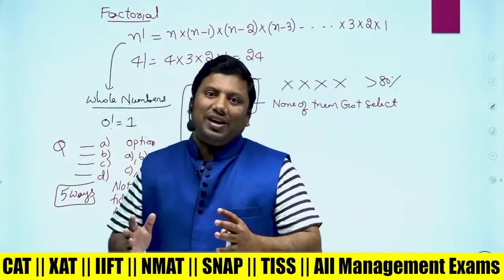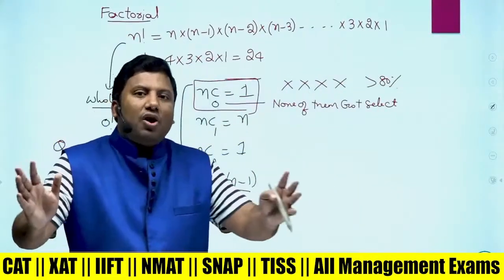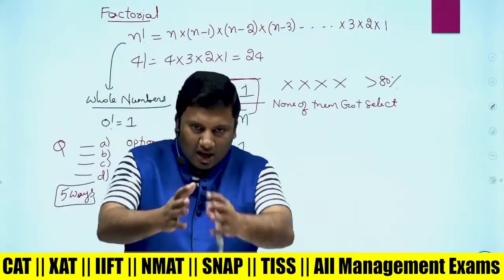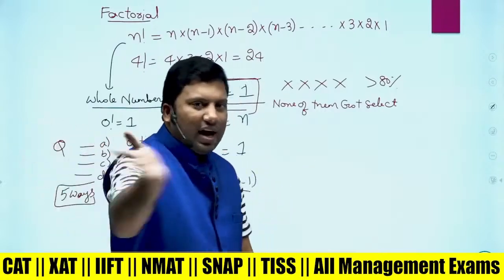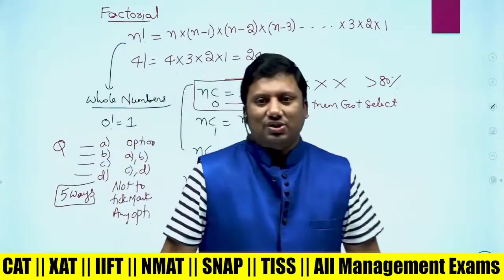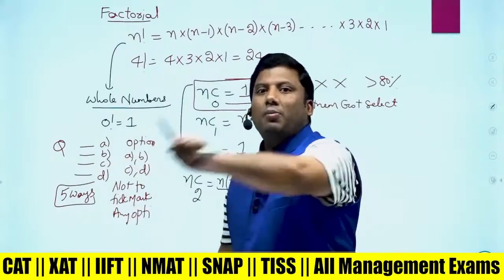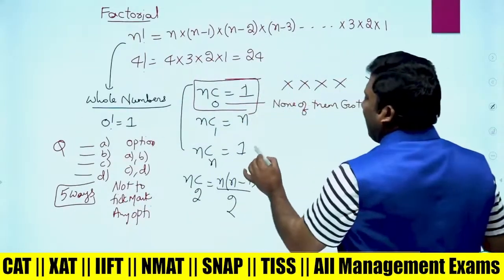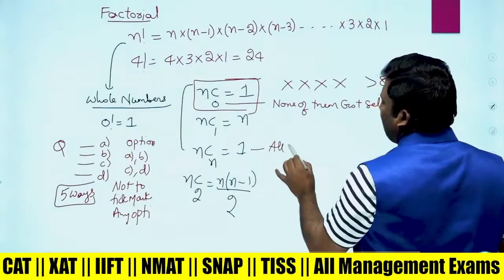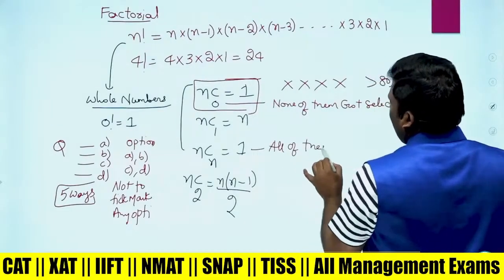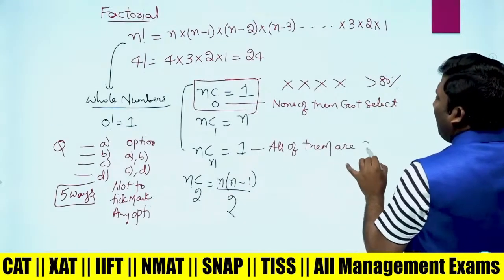I entered into the class and said, how many of you got greater than 80%? Everybody stood up. I said, come, let's have fun outside the class today. In how many ways can all of them be selected?